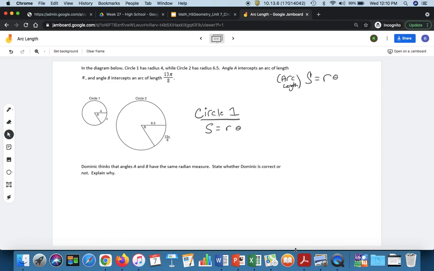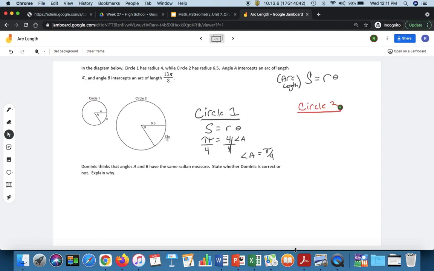We're told our arc length is pi, and our radius is 4. And instead of theta, we're going to write angle A, because that's our central angle. And if we want to solve for A, we would just divide by 4 and say angle A is equal to pi over 4.